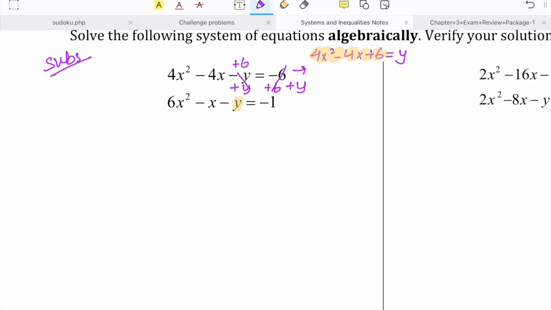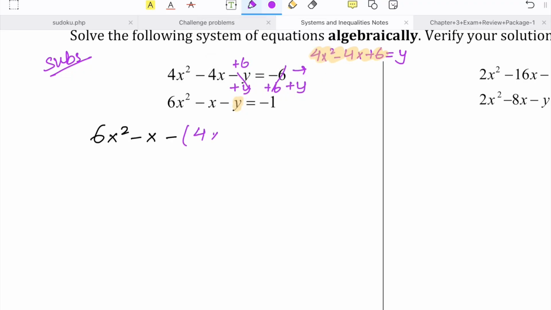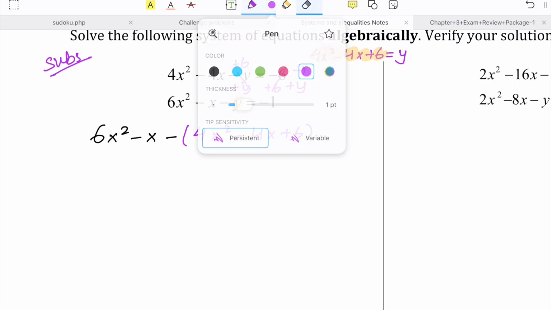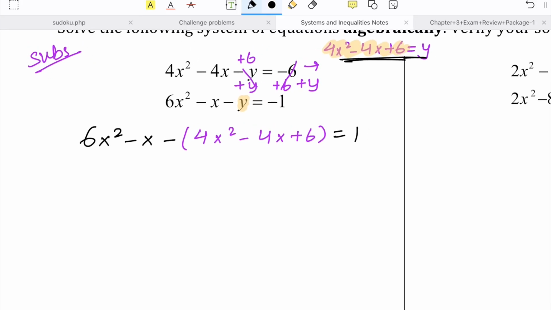So I'll have 6x squared minus x minus, put in the equation, which is 4x squared minus 4x plus 6, and equate it to 1, right? So just replacing this piece over here. Open your brackets, so you just change all the signs.